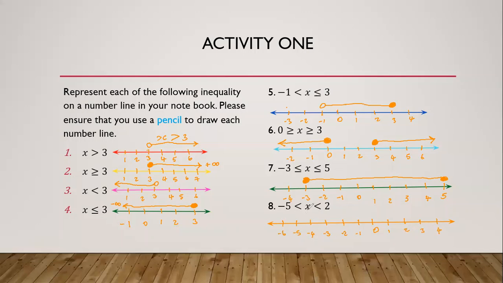Now it says x is greater than -5, so we need to locate where -5 is. Put a circle there. Now, x is greater than -5 suggests -4, -3, -2, 0. Coming back in this direction, all of those values are greater than -5. But at the same time, x should be less than 2. So we need to locate where 2 is.